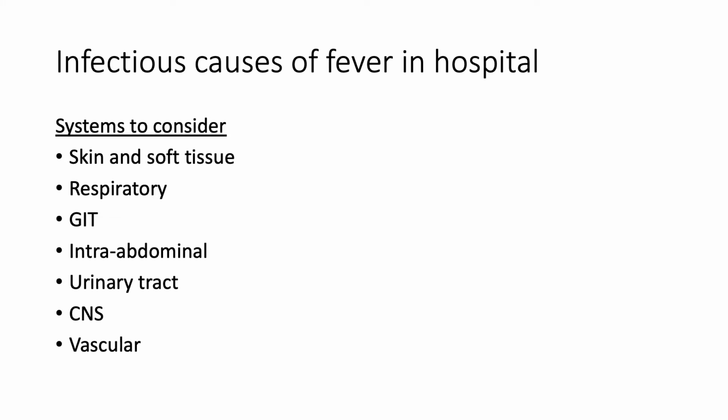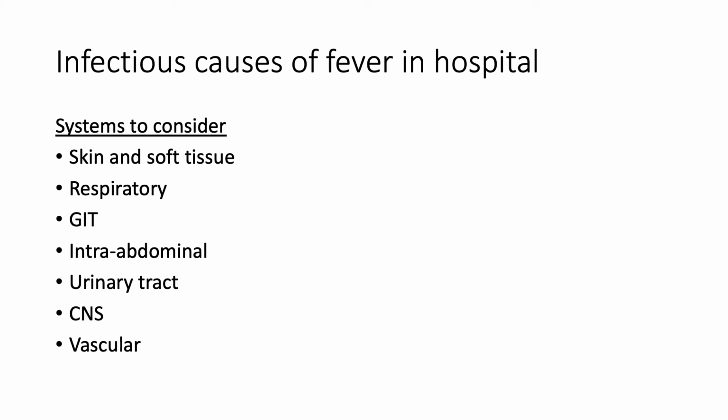So, taking a systems-based approach to infectious causes of fever in hospitalized patients, these are the systems that you should always consider. Number one, skin and soft tissue, and that includes drip sites, bed sores, surgical sites. Respiratory system, and we'll see now the most important cause is pneumonia.